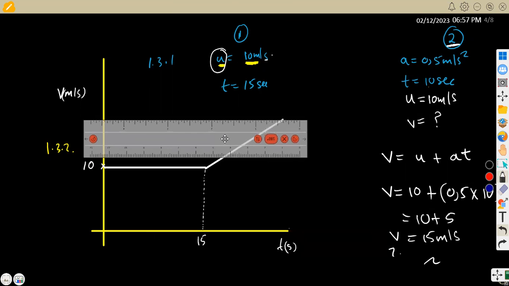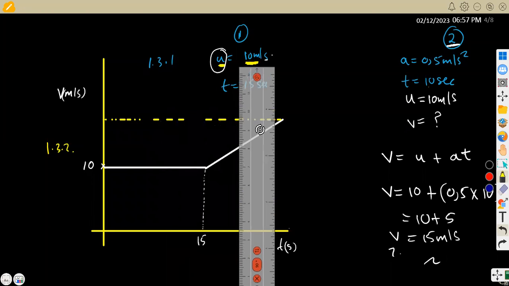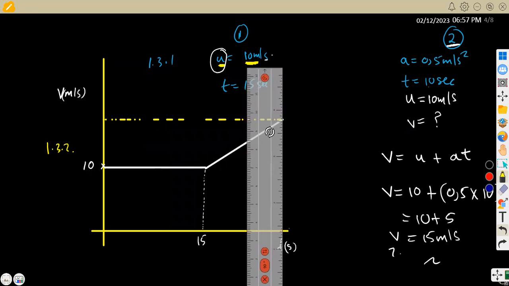At this point, it corresponds directly to 15. And at this time, it corresponds to after the 10 seconds. We are given that after 10 seconds, we want to know what the total time is, but that was going to be your sketch, something like this.